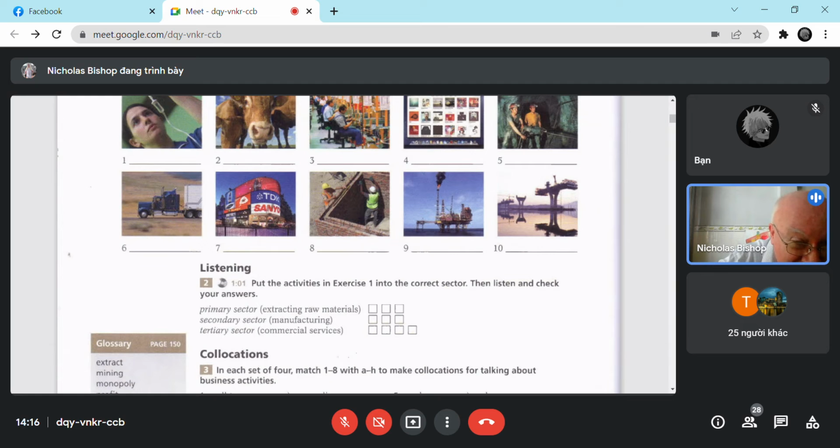And then the secondary sector, making things. What three things did he say are in the secondary sector? In the secondary sector, I heard that there are manufacturing, construction, and civil engineering.